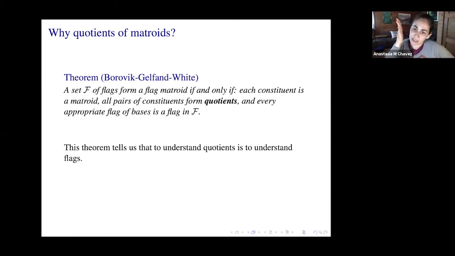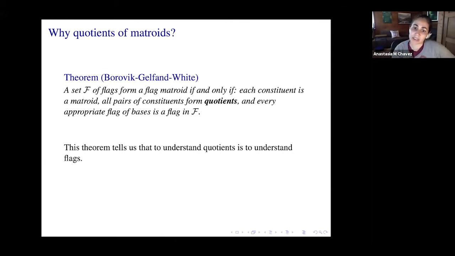Constituents are just the matroids themselves in your flag. I'll define what a quotient is in a second. And every appropriate flag of bases is a flag. But really the quotient is the most important thing here.